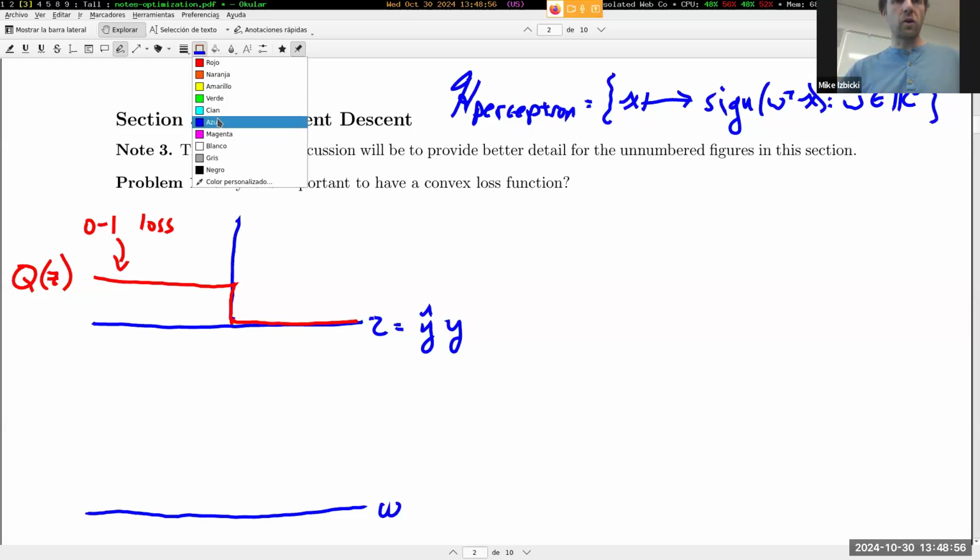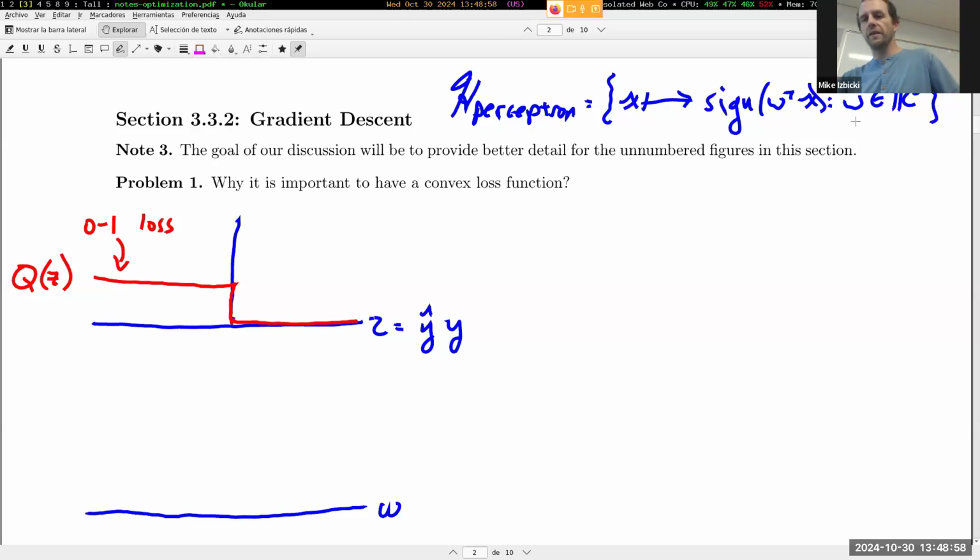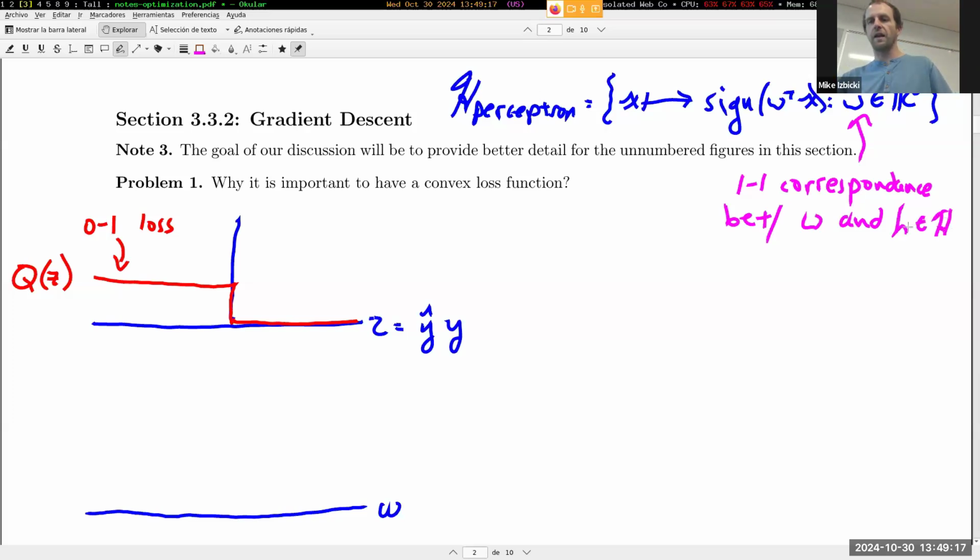Here, there's a one-to-one correspondence between the w, these parameters, and the actual hypotheses h in the hypothesis class H.